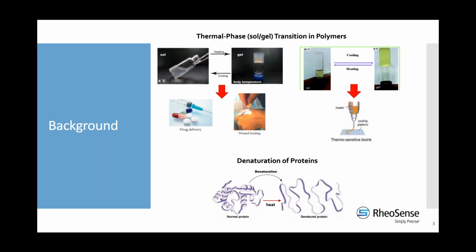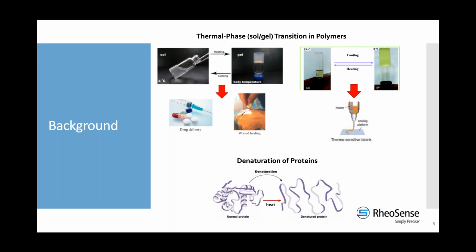Temperature variation can induce reversible or irreversible microstructural changes in complex fluids. Thermo-responsive polymers such as gelatin, carrageenan, and chitosan undergo reversible changes in material state or phase transitions. These polymers can form gel during a cooling or heating cycle. The thermomodulation property of polymers makes them an ideal candidate for a wide range of applications.